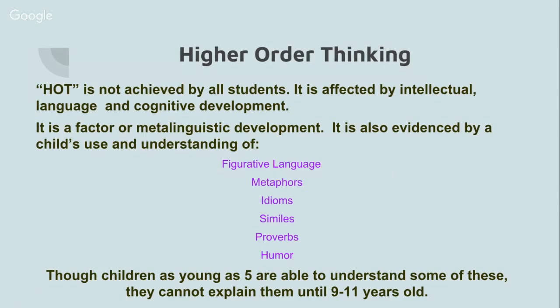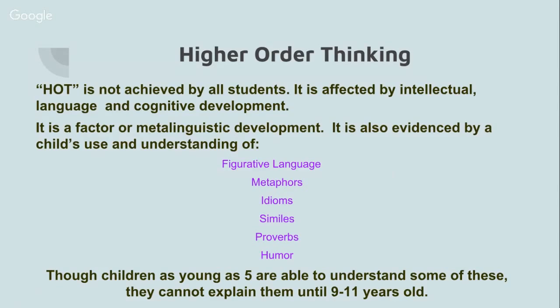This is where we come up with inferencing, problem solving, novel ideas, entrepreneurship. Inventors are good at higher order thinking. They think that old adage of thinking outside the box. This is higher order thinking. Being able to analyze something, to process it and consider it, and then think of an alternate way of looking at it.